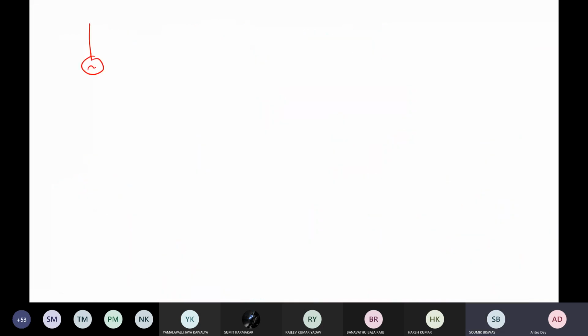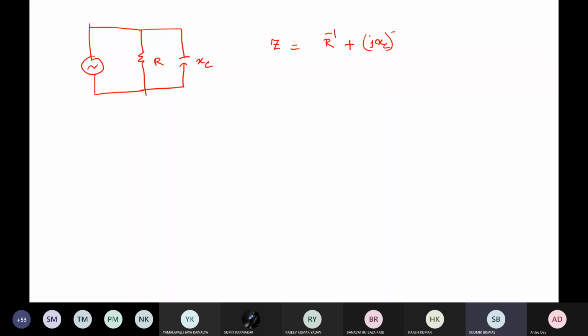And now if we just look at our complex algebra, that will just prove it. So this is through complex algebra. This is your R. This is your XC. So what is your overall impedance? It is a parallel combination of this and this, so it is 1 by R plus j into, it should be minus here, so plus j into 1 by XC.